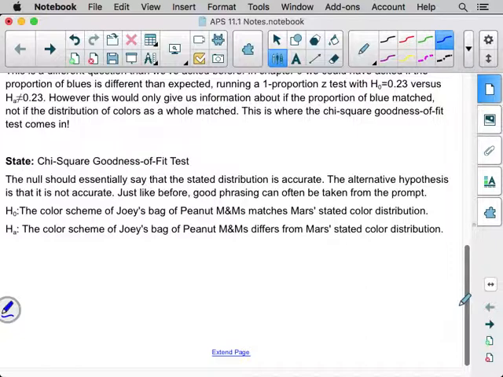Their phrasing becomes the alternative, and then you just want to make your null that there's not a difference. So oftentimes you're going to see, really, you have the alternative, and then if you add the word not somewhere, or changing differs to matches, that's how you get your null from it. Okay, does that make sense to everybody? Again, you'll get practice at that, but literally their phrasing makes your alternative, change one word in it to make it not the alternative, and that becomes your null.